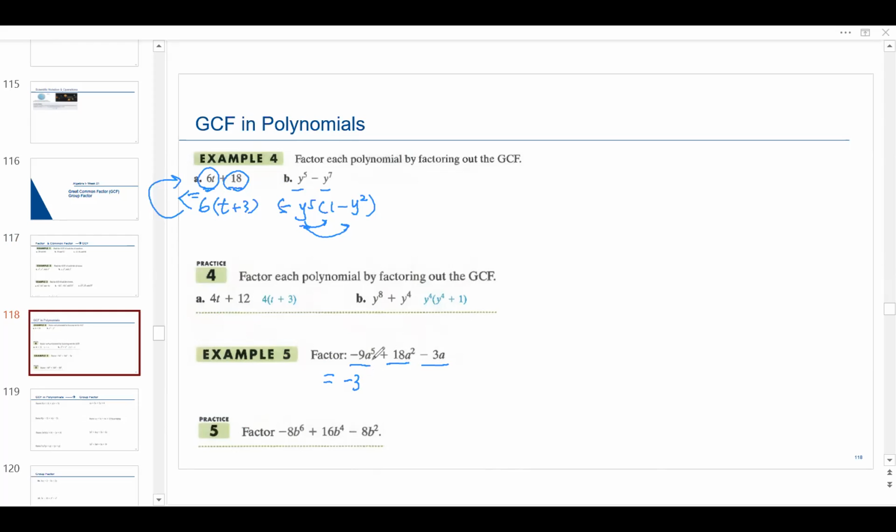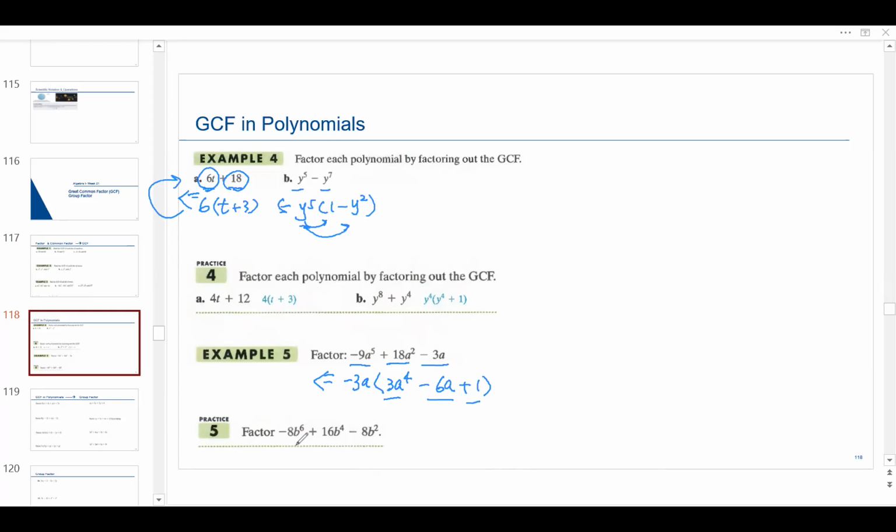What about a? a power 5, a squared, a, so only a, right? So the greatest common factor is negative 3a. The rest will be 3a power 4, here is negative 6a, right? And plus 1. So if you distribute inside, you go backward and get the original result. So you can see these 3 terms are relatively prime to each other. They don't have any common factor now.